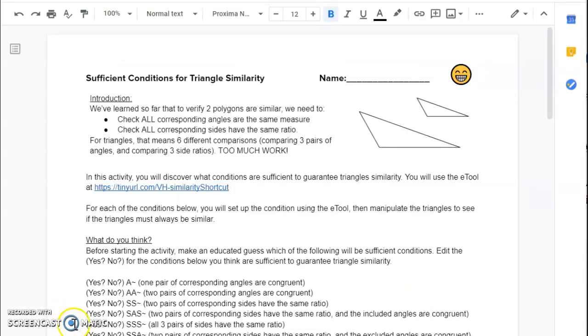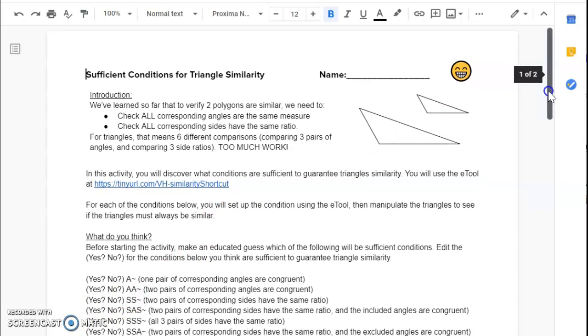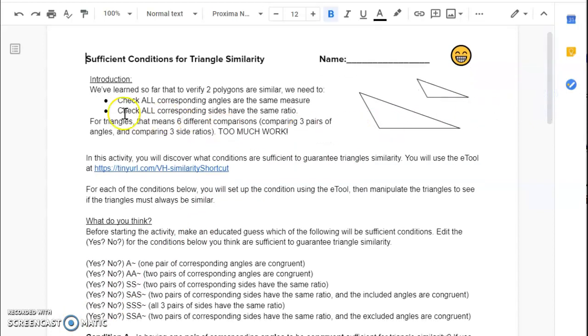So this is the document that you should all be making a copy of so that you can modify it, and you follow the directions. Here it says introduction. We've learned so far that to verify 2 polygons are similar, we need to check all corresponding angles are the same measure and all corresponding sides have the same ratio. So that means 6 different comparisons, comparing 3 pairs of angles and comparing 3 side ratios.